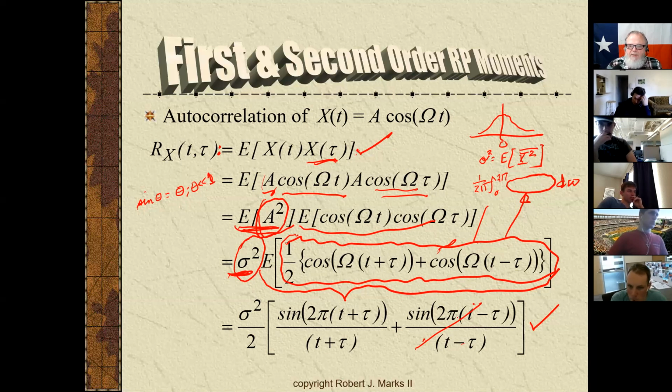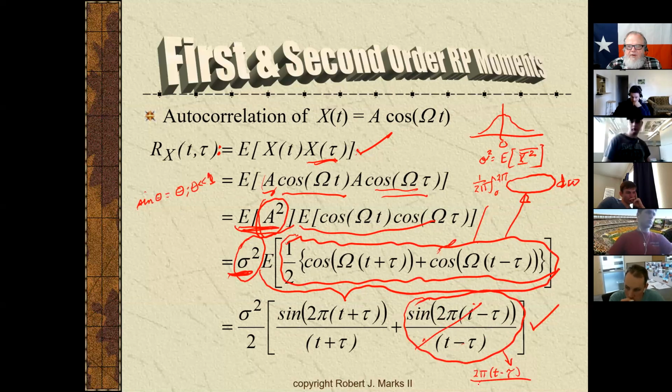So my point here is that, applying L'Hopital to this, if t is very close to tau, then the numerator is very, very close to 2 pi times t minus tau, and the denominator is equal to t minus tau.